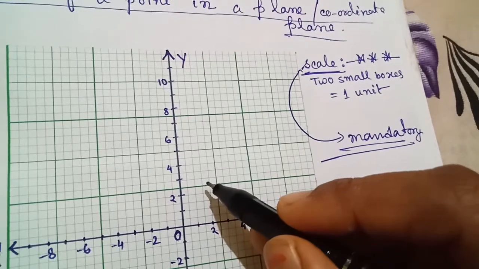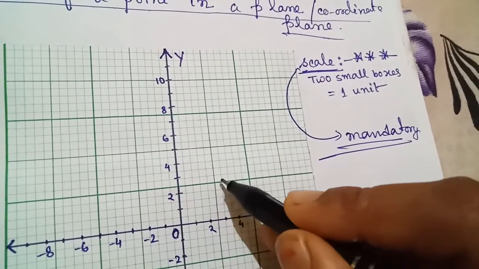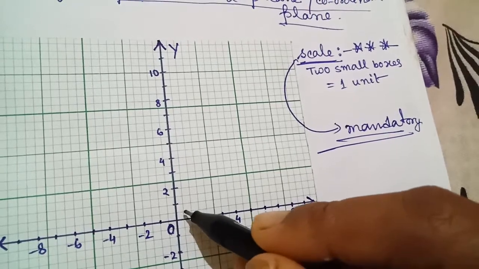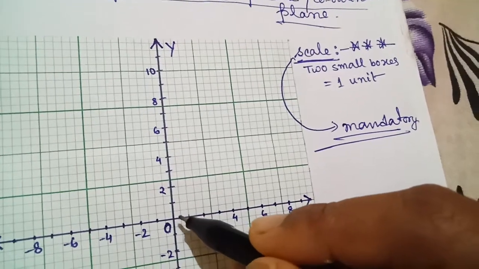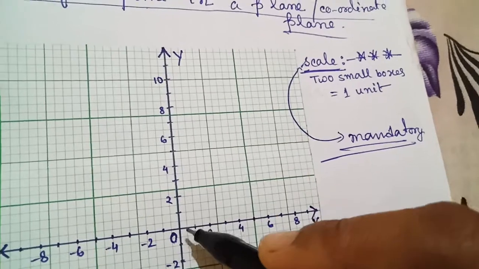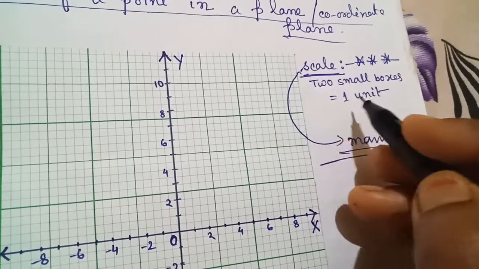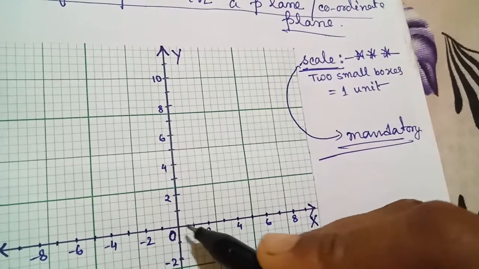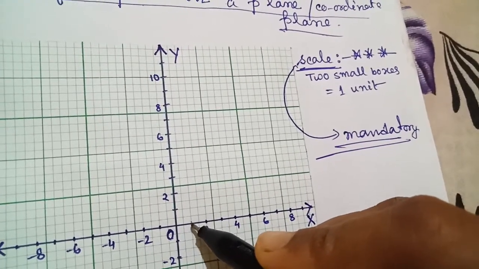So scale, what scale I have used here, you can see there are so many small boxes already drawn in the graph paper, not these bigger bold boxes. I'm telling about these small ones. Can you see? These are called small boxes. So you can see the scale what I have taken. I have taken 2 small boxes equals to 1 unit, because 1 2, so this is 1.